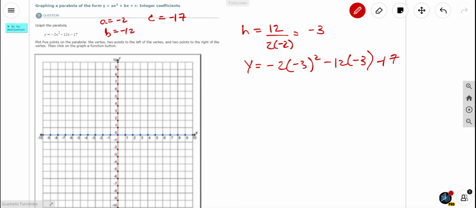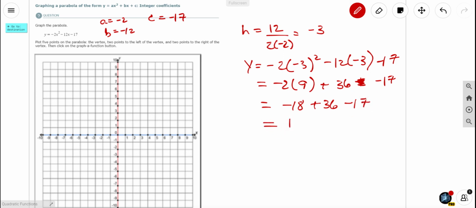Okay, and then this is negative 18 plus 36 minus 17. These two together make 35 minus 17. The answer is 1. So the vertex is (-3, 1), right here. The vertex is (-3, 1).